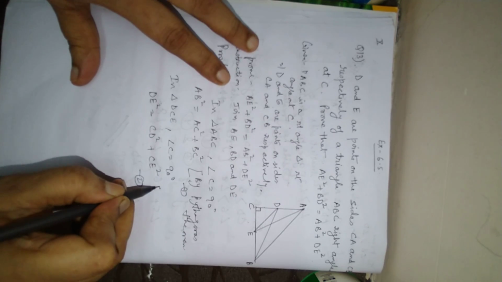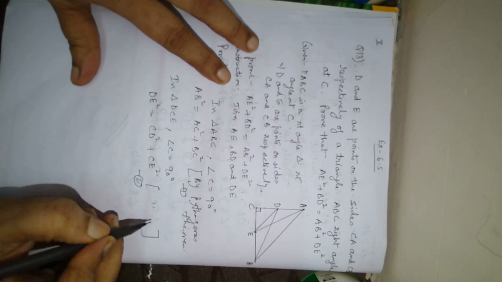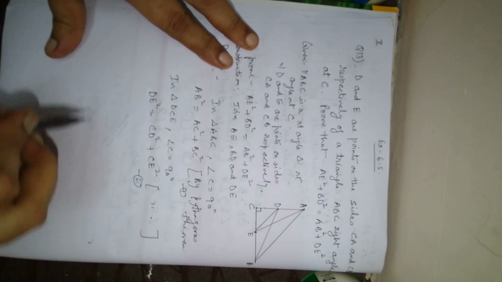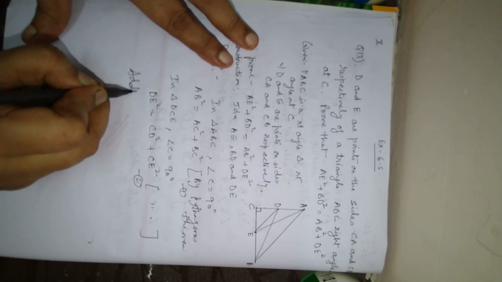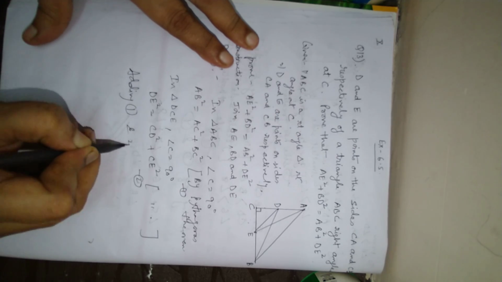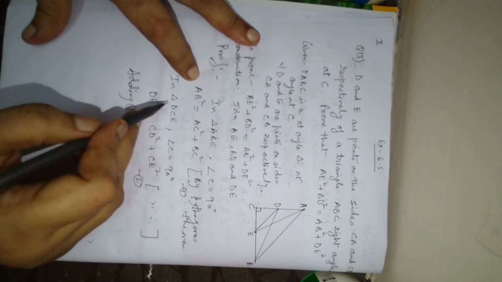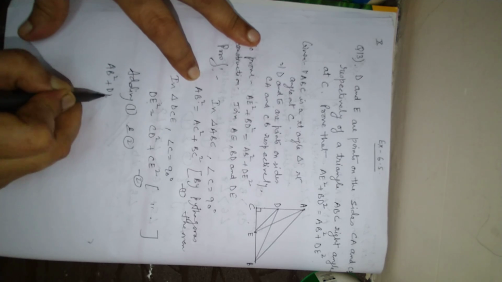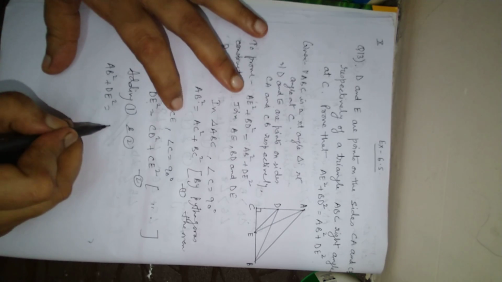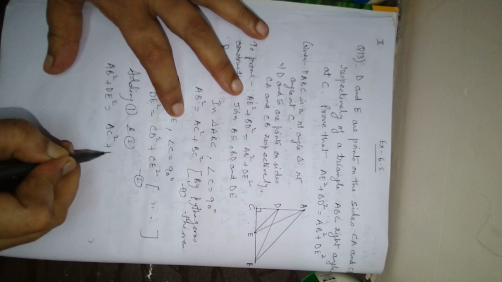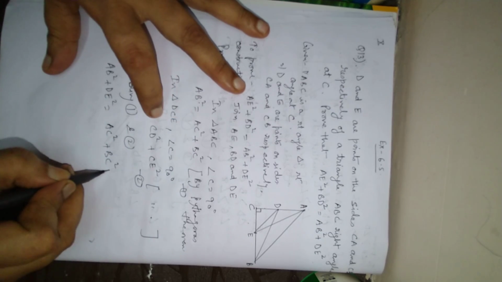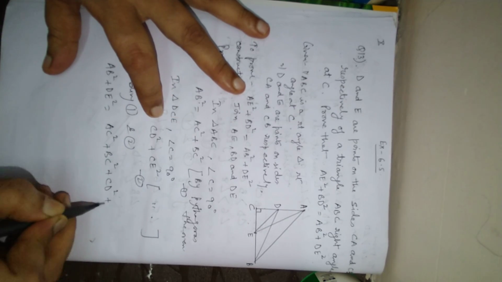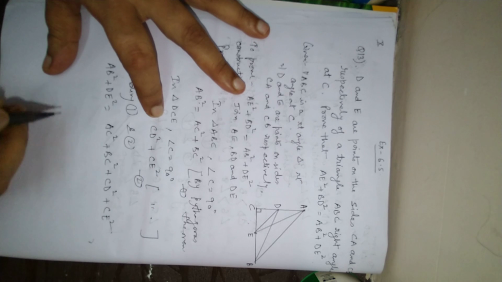This is also by Pythagoras theorem, the same reason. Adding 1 and 2, what we get? AB square plus DE square, that is equals to AC square plus BC square plus CD square plus CE square.